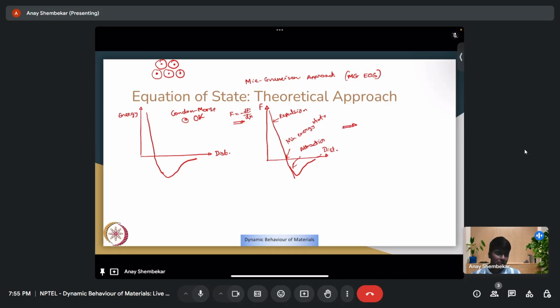We can further use this plot to try and create a pressure versus volume plot. One of the simplest approaches you can think about is, as I decrease the interatomic distance from the minimum energy state, you can think of the atoms as spheres with radius r, and they'll start compressing.